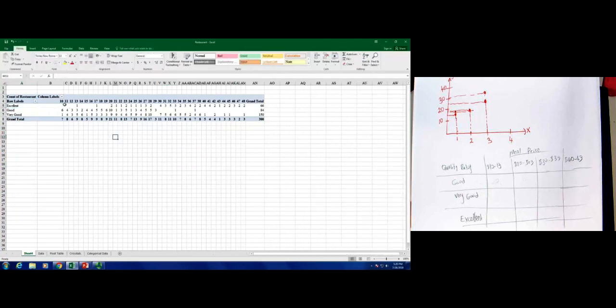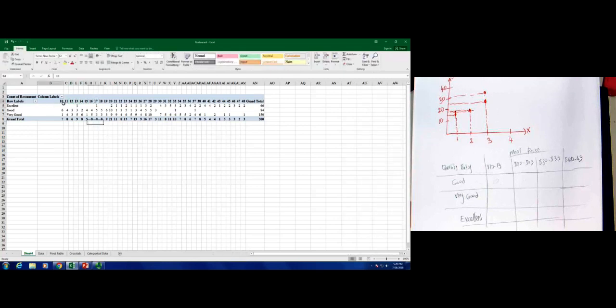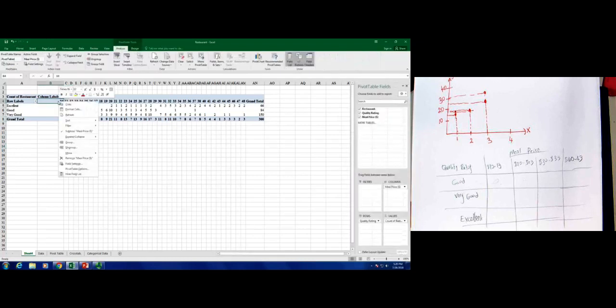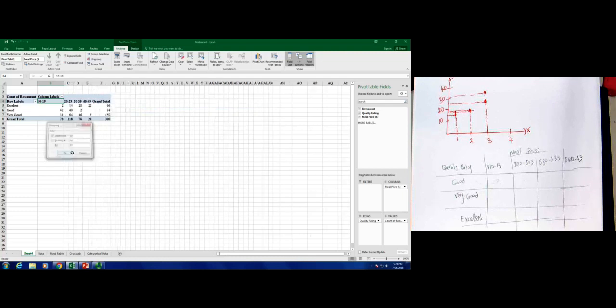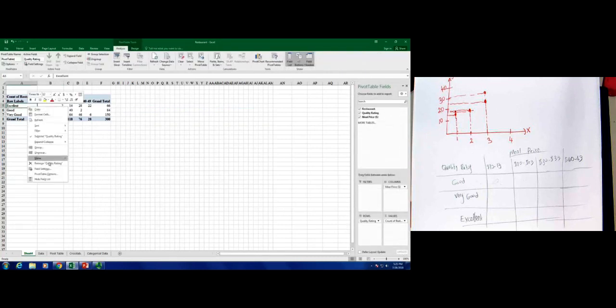And still, this goes in $1 increments, like 10, 11, 12, 13, 14, 15. We want $10 increments. So then we come here, right click, and then see here group. We come group 10 to 49 by 10. And it's okay. Now as you see, this is summarized, and also you can move this excellent to the end.